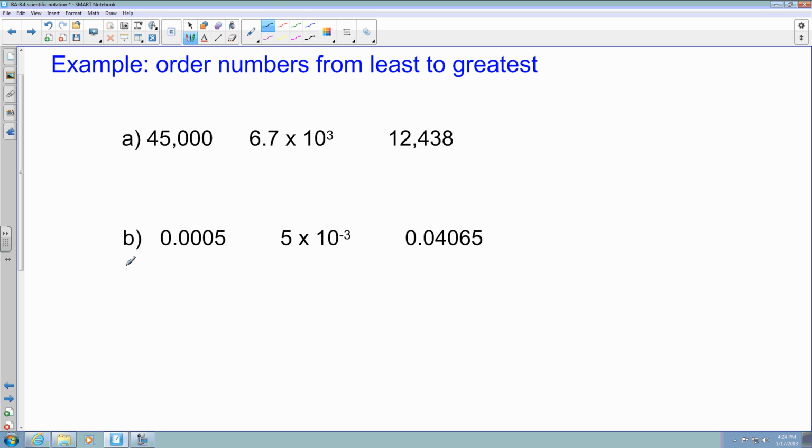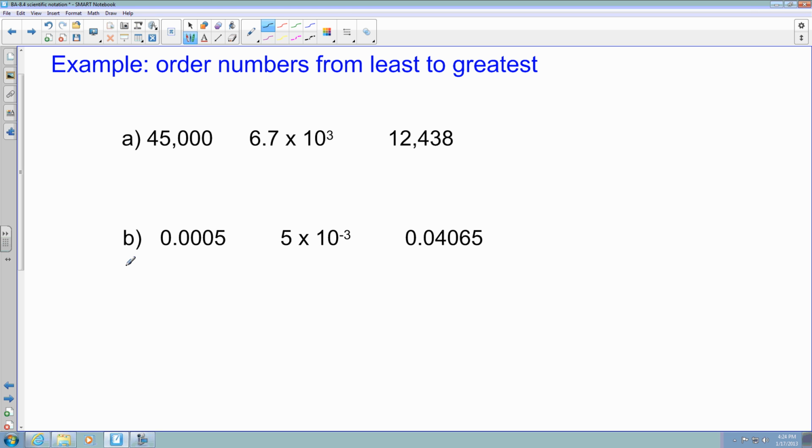Now, what I would suggest is get everything into standard form. So you're looking at it in the same form, and then you can evaluate. You could also put everything in scientific notation if you so wish, and then evaluate. That's another way of doing it.